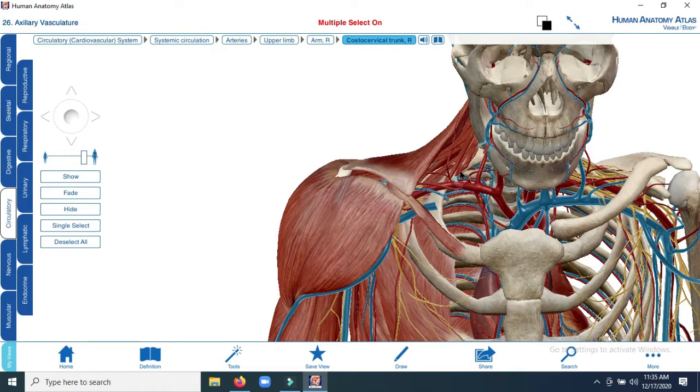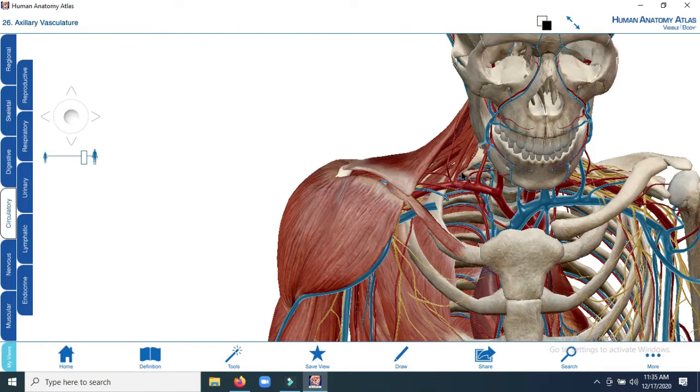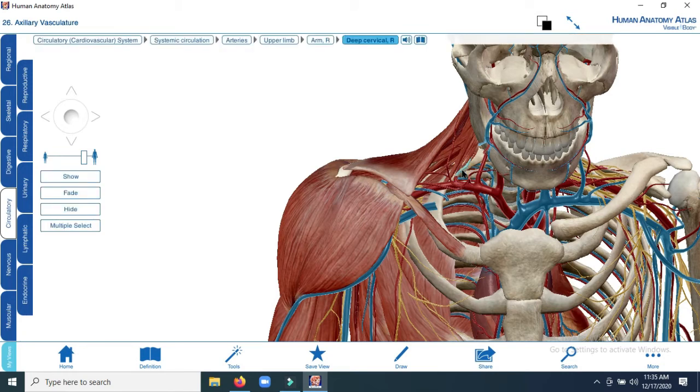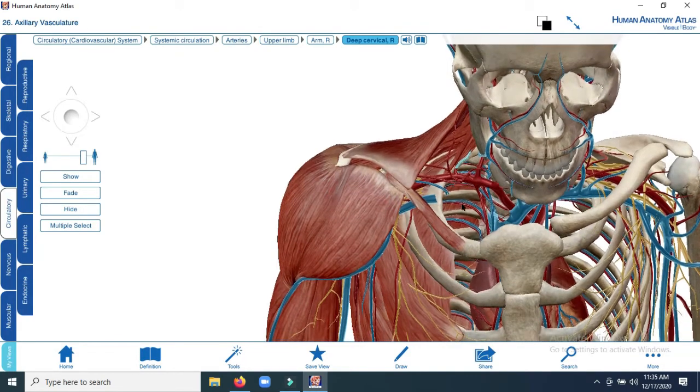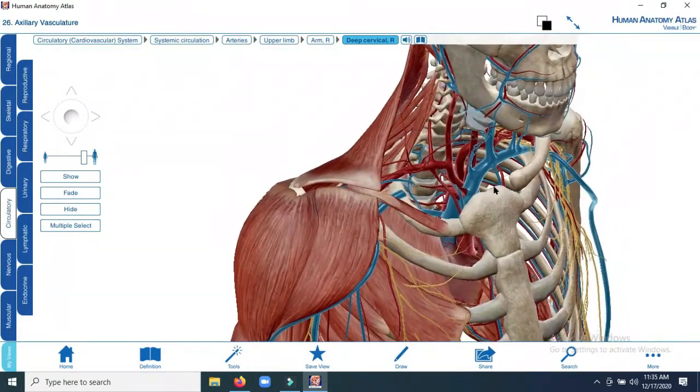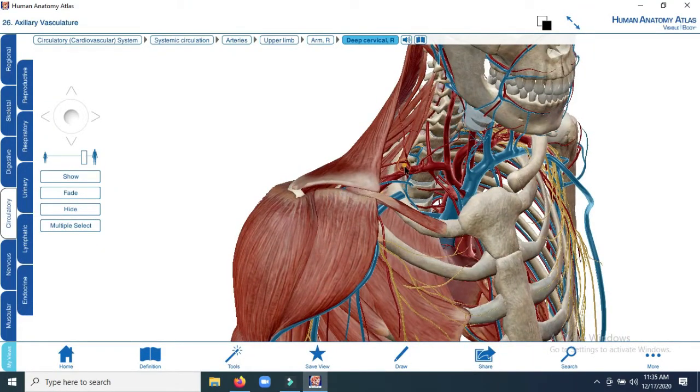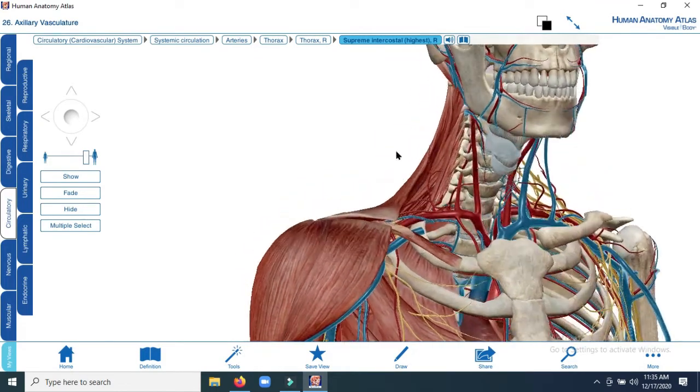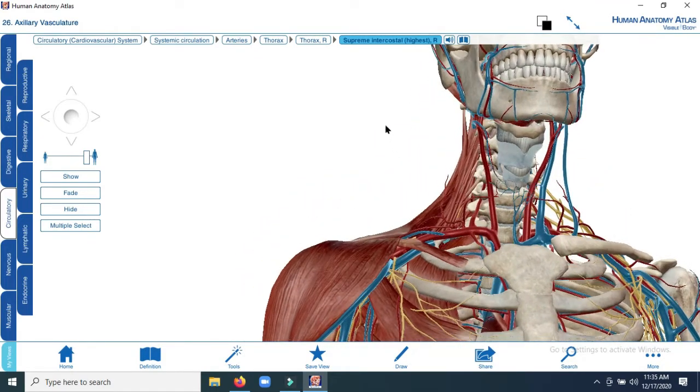From this trunk, one artery will go to the deep area of the neck, isn't it? So it is termed the deep cervical artery, because cervix means the neck. And another artery will arise and go down in the superior aspect, or superior intercostal space.